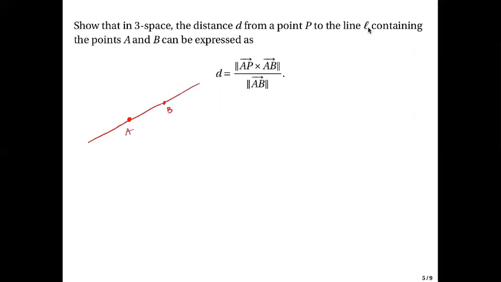And then you want some other point here. This is your point P. And you want to find the distance. So the distance means it's the shortest distance here. So from this point up to this is your distance D. Of course, this red here, it's your line L.